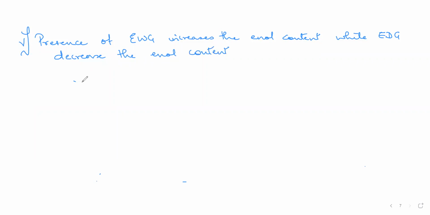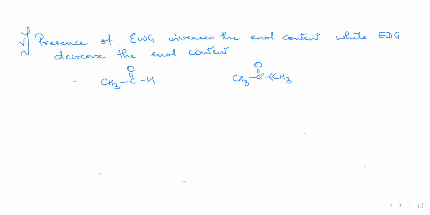Now what do I mean by this? Simply let me take acetaldehyde and acetone. The difference between these two lies in one methyl group. इसमें एक मिथाइल एक्स्ट्रा है, इसमें हाइड्रोजन है. मिथाइल का प्लस आई इफेक्ट आता है, मतलब ये डोनेट करता है इलेक्ट्रॉन्स.